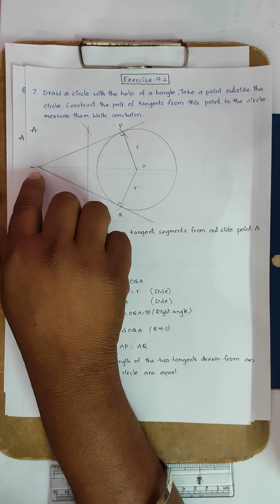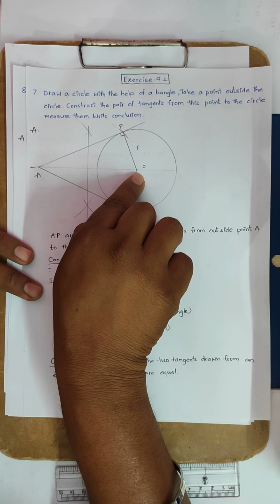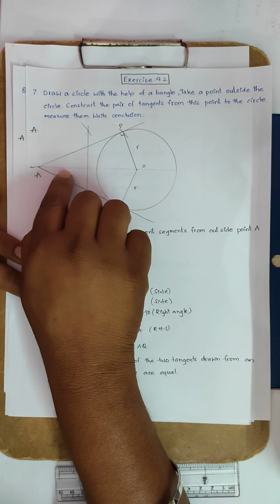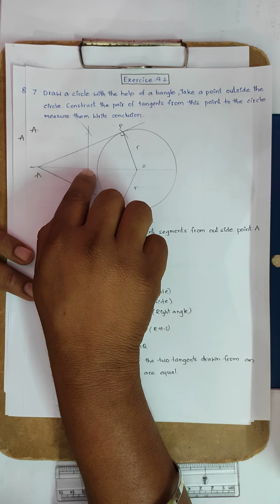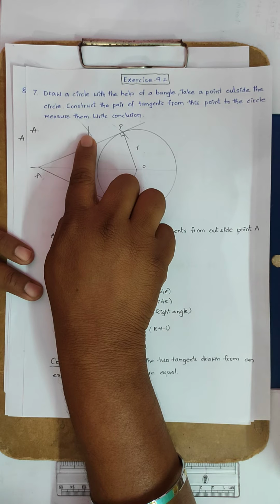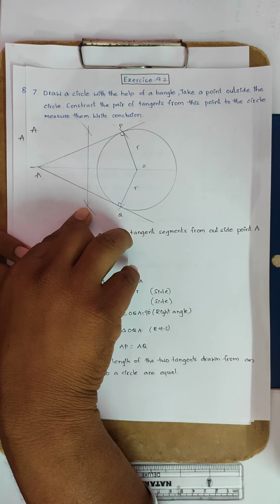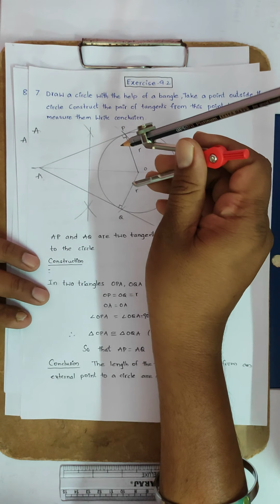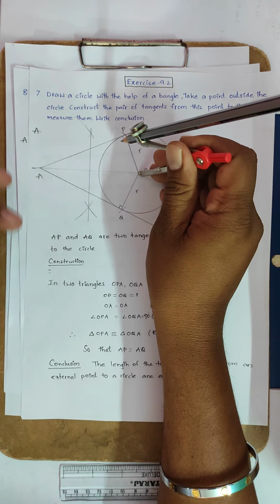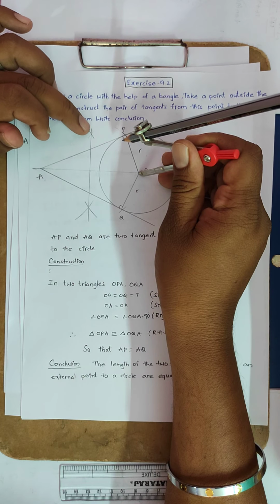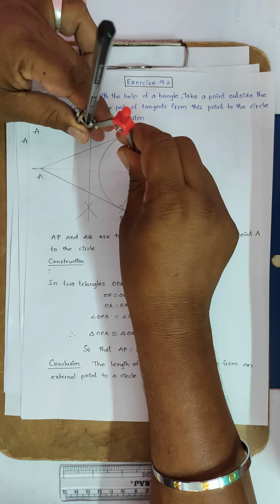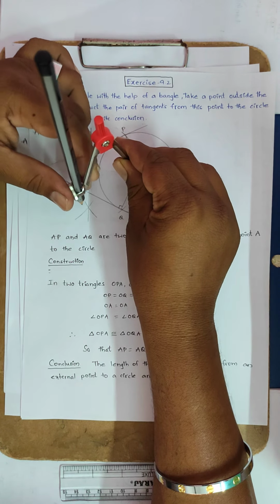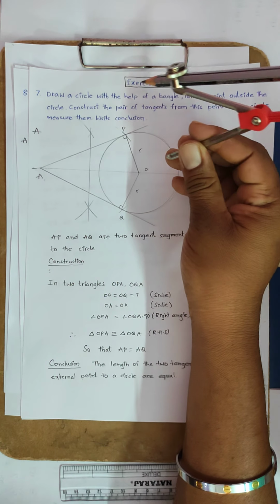Now take the distance between A and center O, take more than half of the distance, and draw an arc above the line segment and below the line segment from point A. Again you draw arcs above and below to intersect the previous arcs.